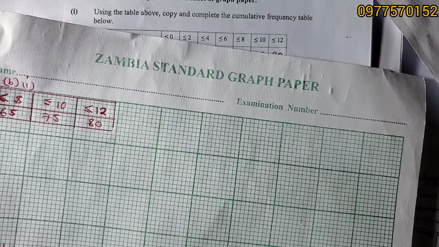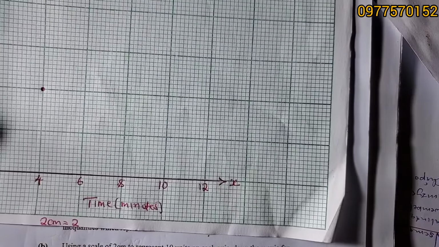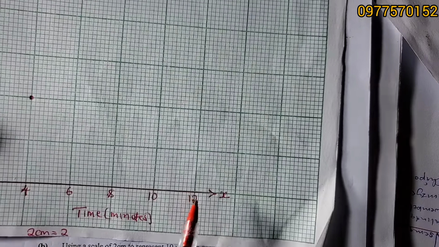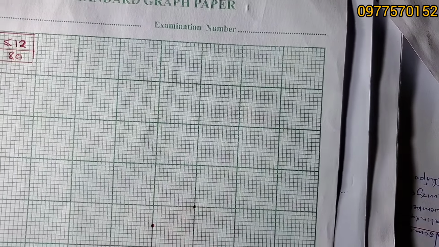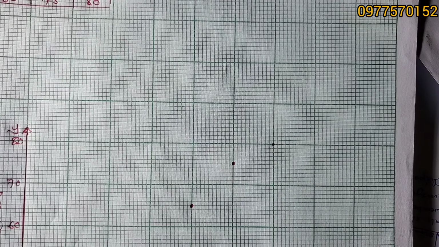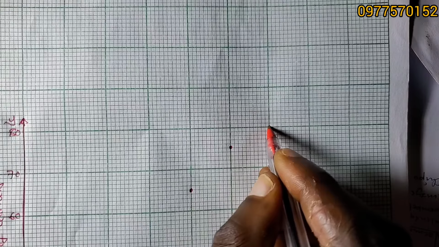Last but not the least, 12, 80. 80 is the last coordinate. This is where 12 is. Then 80 is here. Okay? 12, 80. All right.